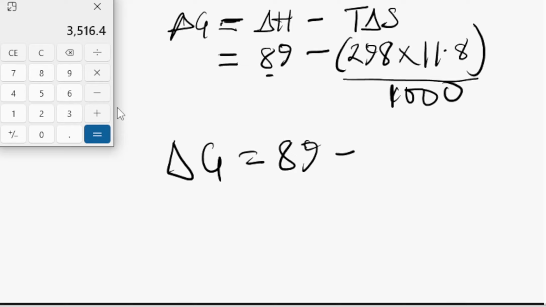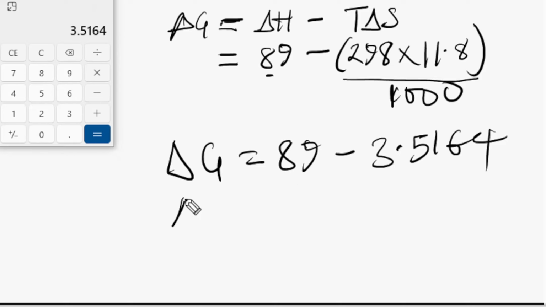All right, let's see what we have here. 3516.4. So if you divide this by 1000, you're going to just have 3.5164. So let's still confirm this is divided by 1000. So that's 3.5164 here.